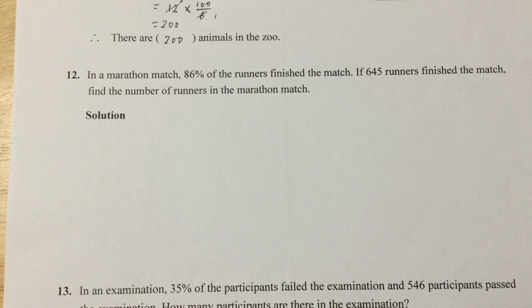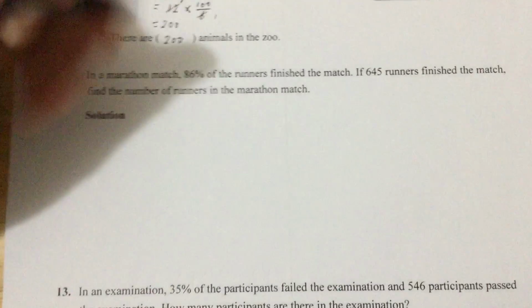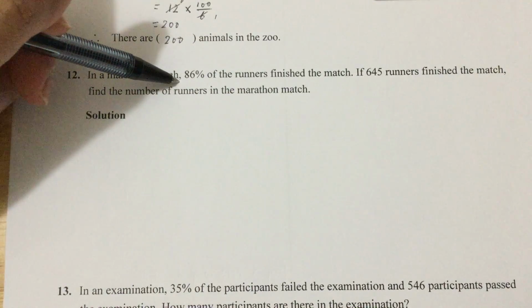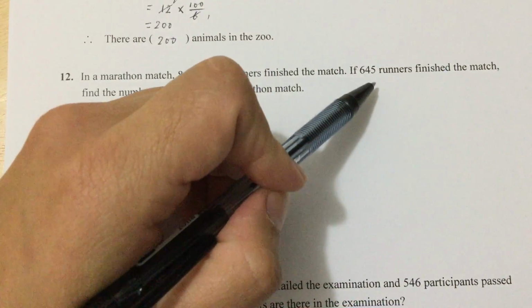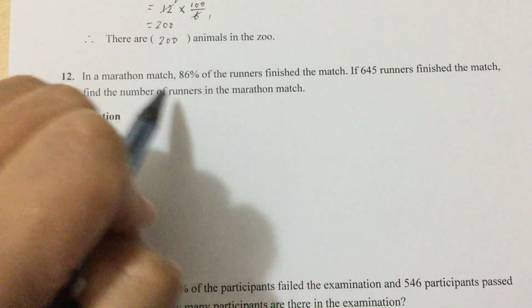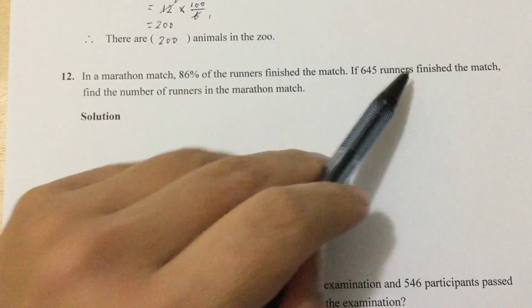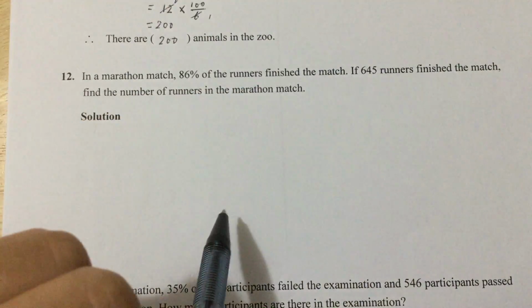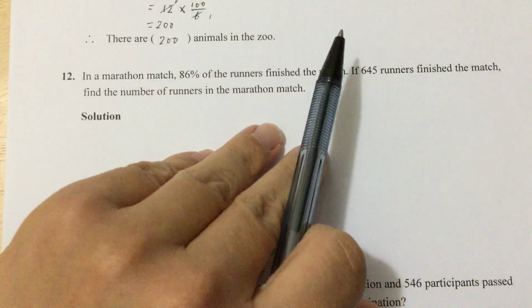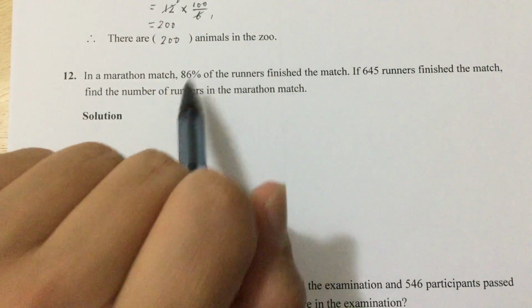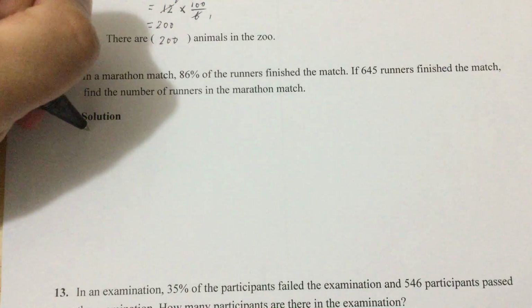Okay, before you do this, we must let something because this time 86% is a percentage, and 645 finish, not the whole runner. The whole runner includes the finish and not finish. So you must pay attention that you are going to use the part and the percentage to find the whole. So we must let unknown.